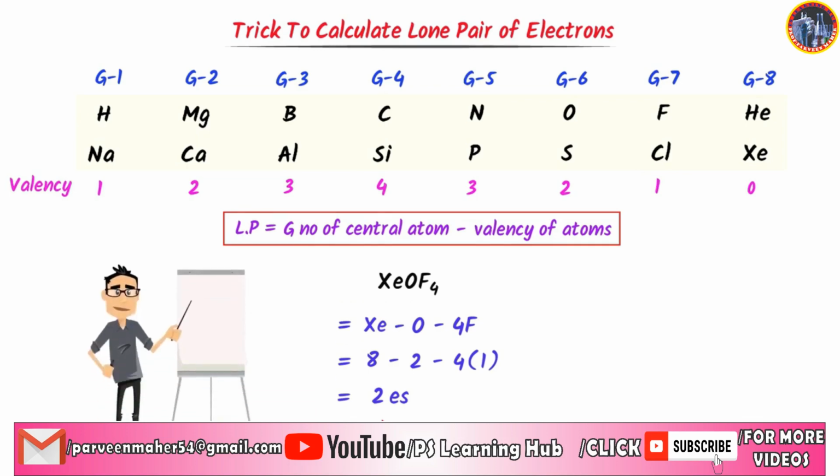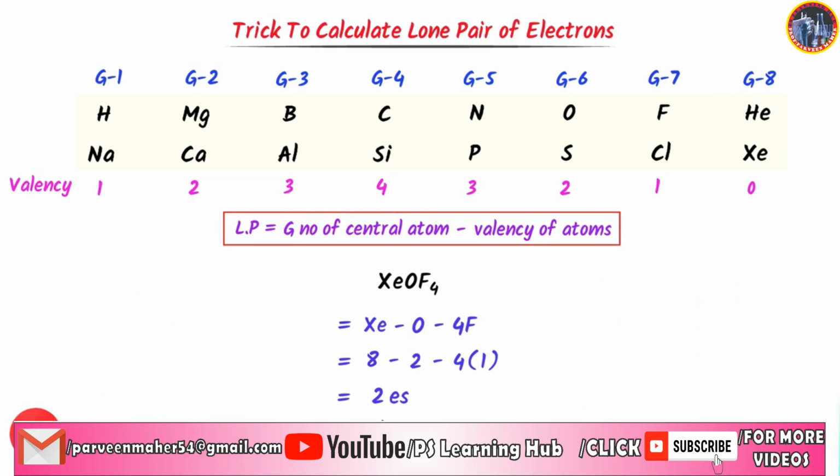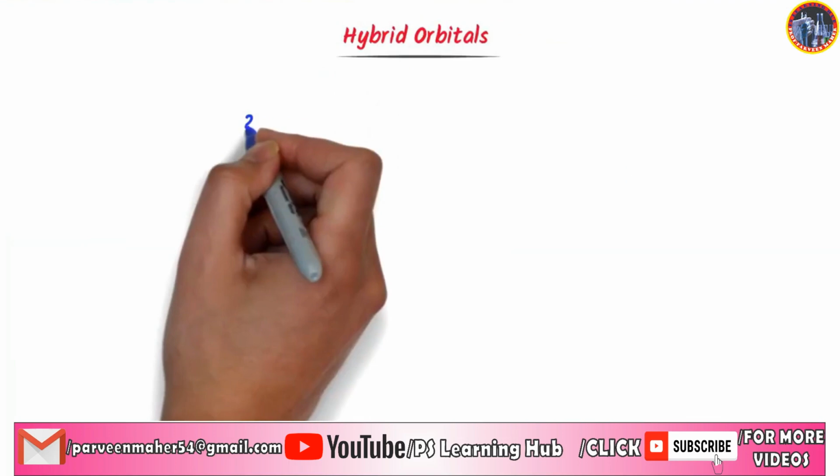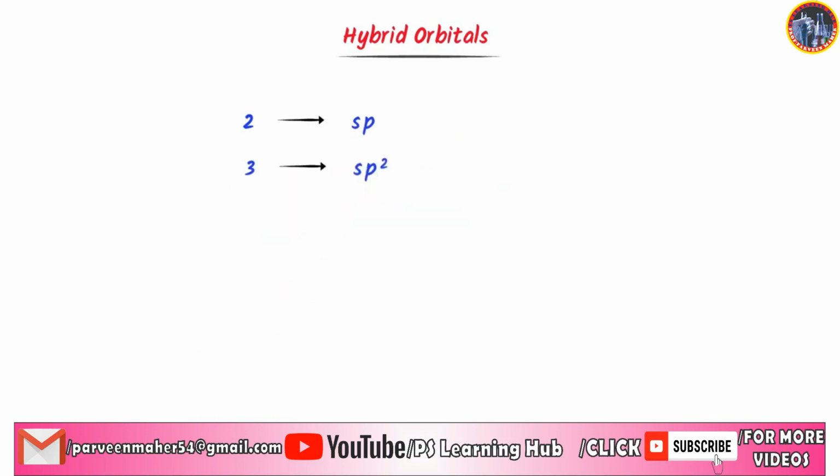Secondly, if you have learned this trick, I congratulate you because you have already learned to find the hybridization of central atom. Now let me quickly teach you the concept of hybrid orbitals. If there are 2 orbitals, the hybrid orbitals is sp. If there are 3 orbitals, one is s and 2 are p hybrid orbitals.